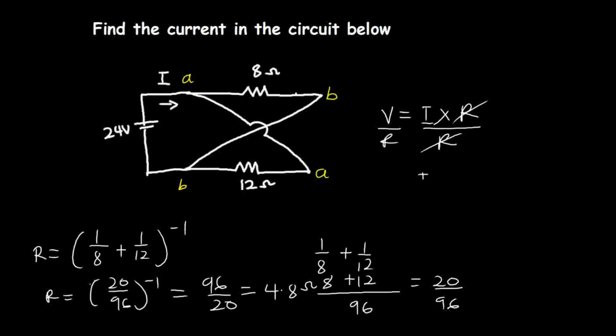So the current equals voltage over resistance. We know the voltage is 24 volts, so that will be 24 divided by the effective resistance, which is 4.8 ohms. When I do this, the current value is equal to 5 amperes. So that will be the value of the current in this circuit.